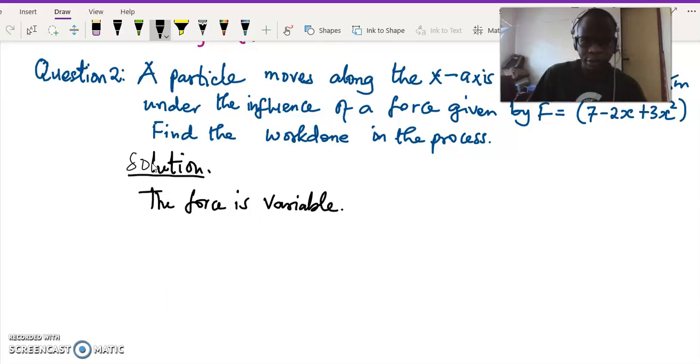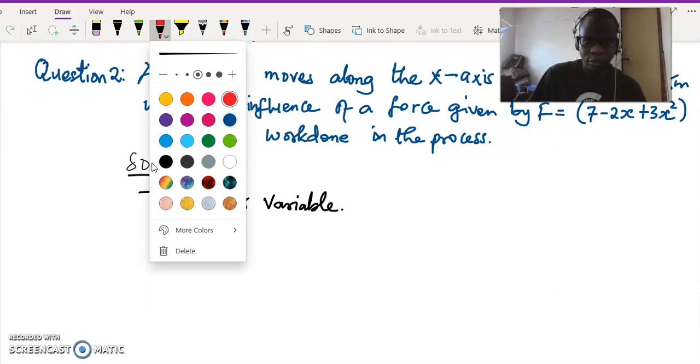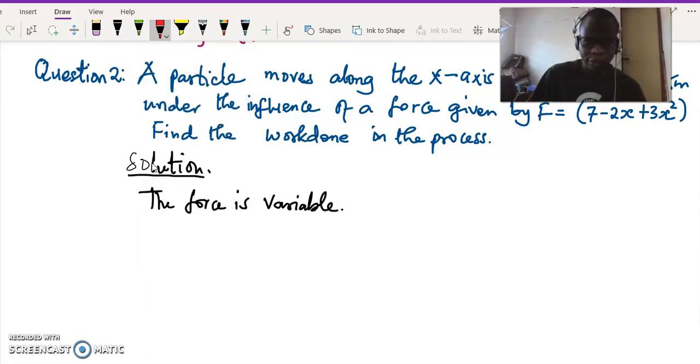So it will be right if we say that for this question, you're going to say that work done is equal to the integral from x1 to x2 of F dx.